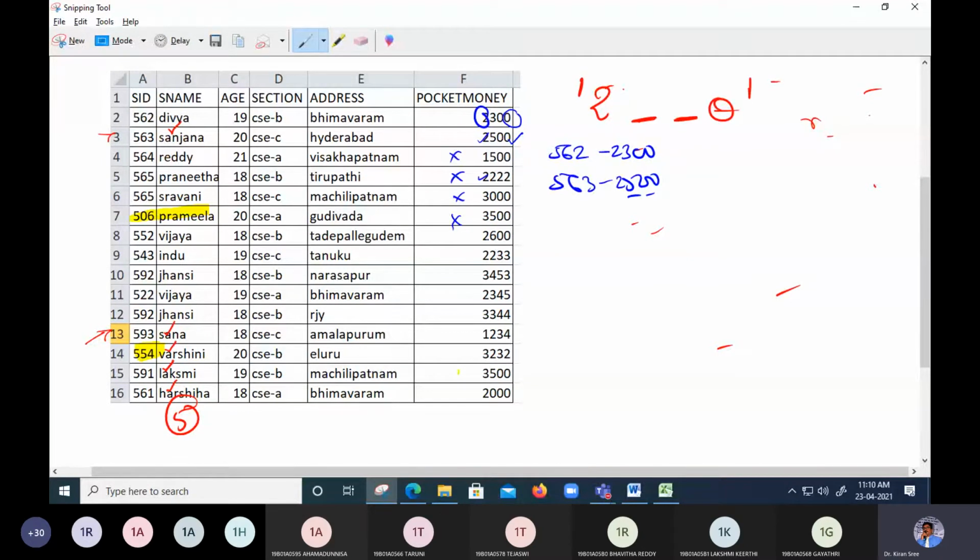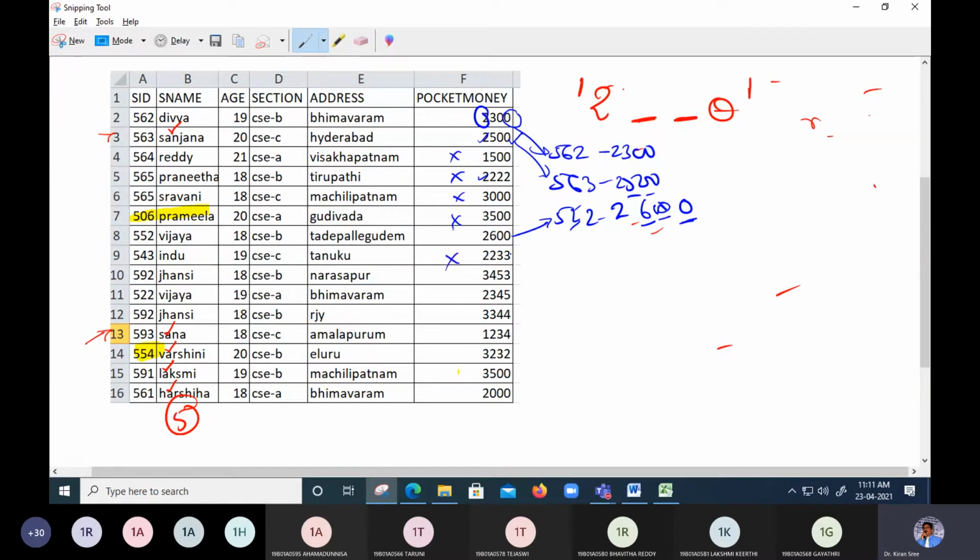Can we take this 2600? Yeah, we can take 2600. Why? Because it is starting with 2. Whatever values are in the second and third position, we don't care, but the last position should again be 0. So we are going to take 552. Next, can we take this record?